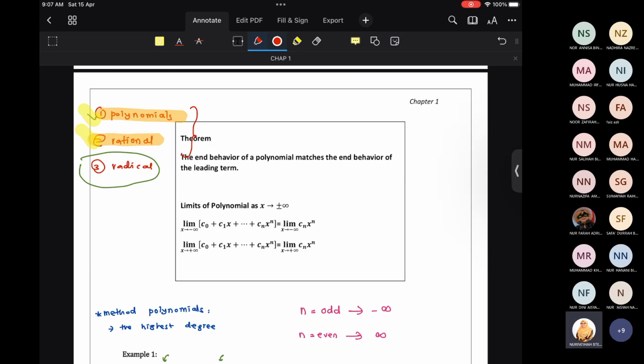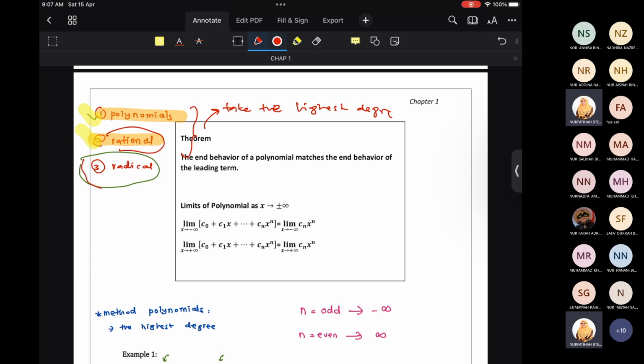Yang kuasa paling besar. So kita akan take the highest degree. Kalau rational, awak akan ambil highest degree from the upper part and highest degree from the bottom part. Itu untuk polynomial dengan rational.